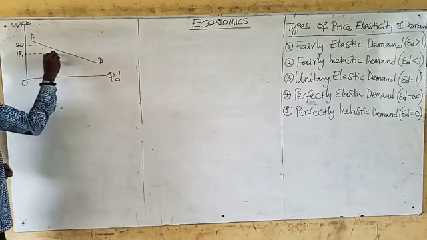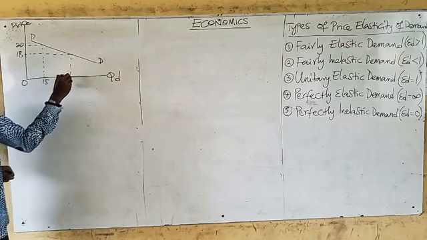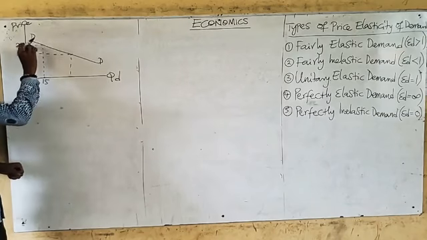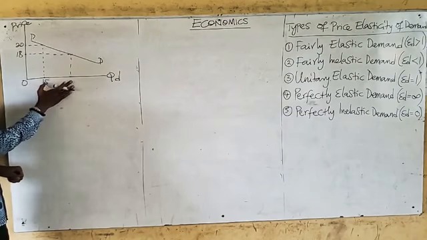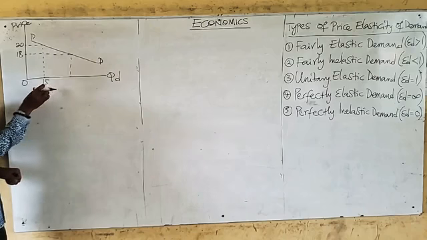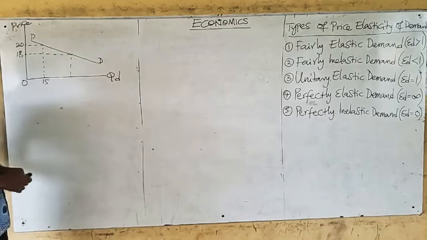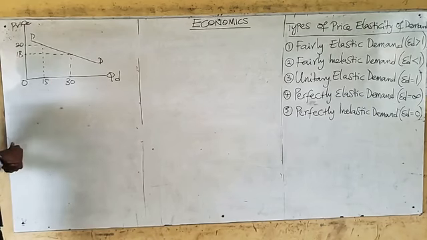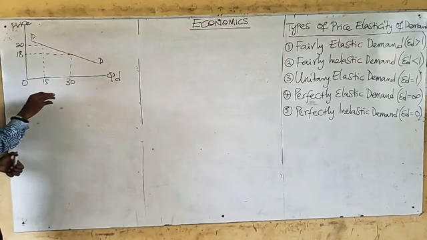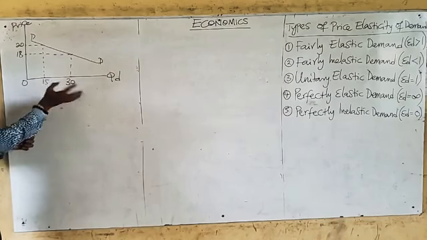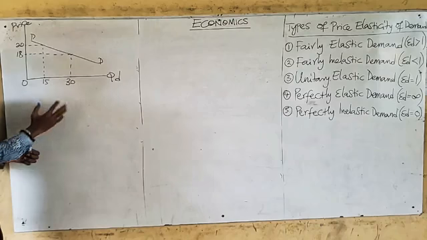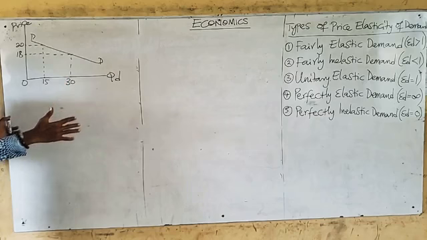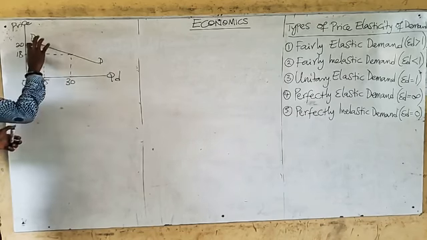Then you trace to the quantity axis. You will notice that the gap in the price change is smaller, but the gap here is wider. And therefore, if I write 15 here, I am justified to put, say, 30 here. So straight away, you will notice that the change in quantity, in absolute terms, is large, bigger than that of the change in price.